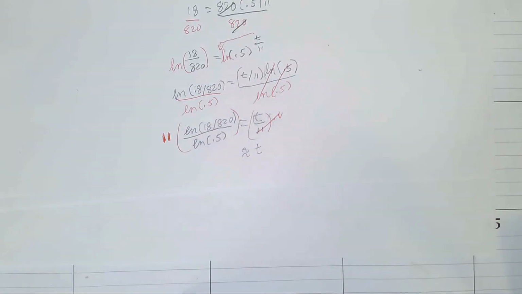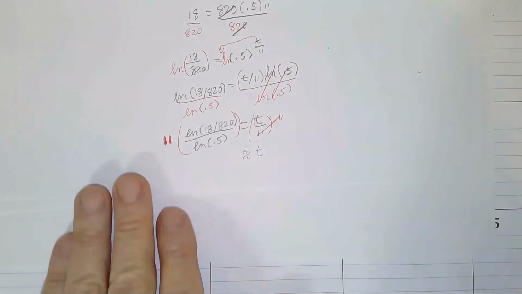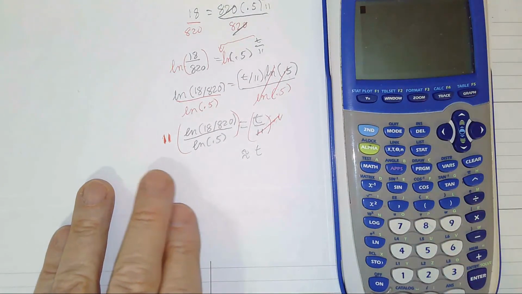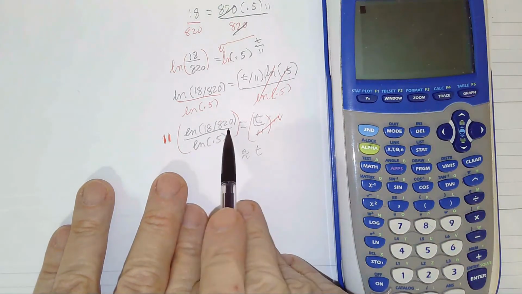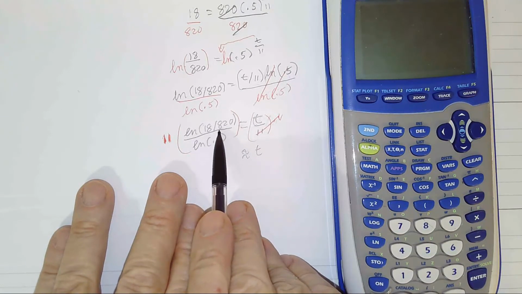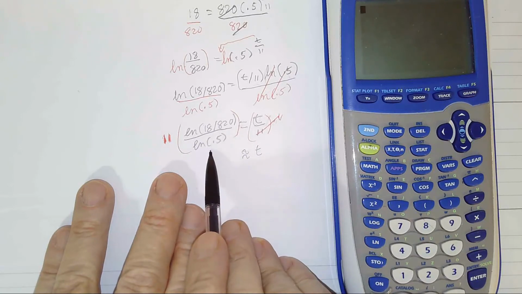So again, use my calculator, turn this on, clear it. I can just write the natural log by itself, divided by this one, and then multiply it times 11.